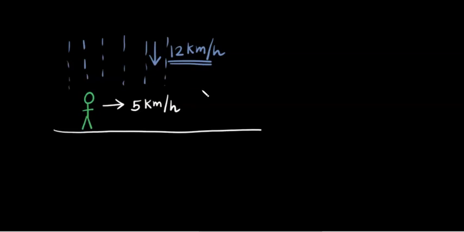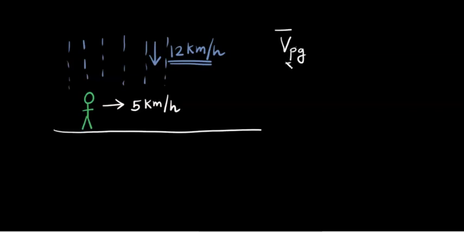So let's see how to do this problem, but first let's name all the quantities which are given to us. You already know how to write relative velocities. If I want to write the velocity of the person with respect to ground, I will write it like this.